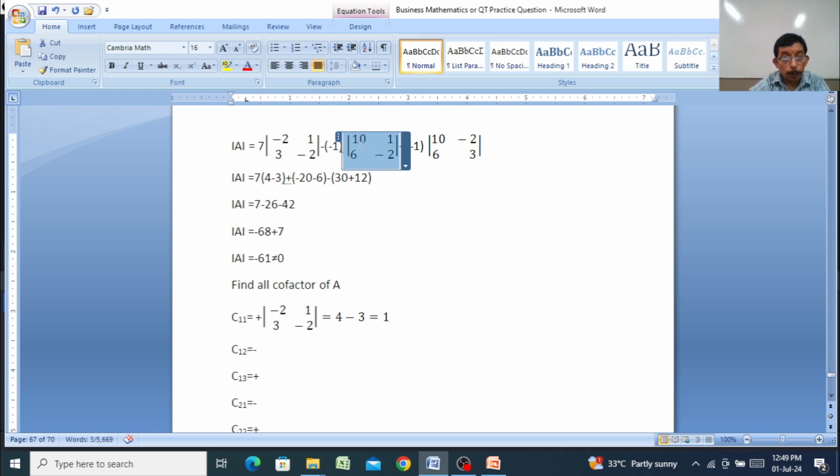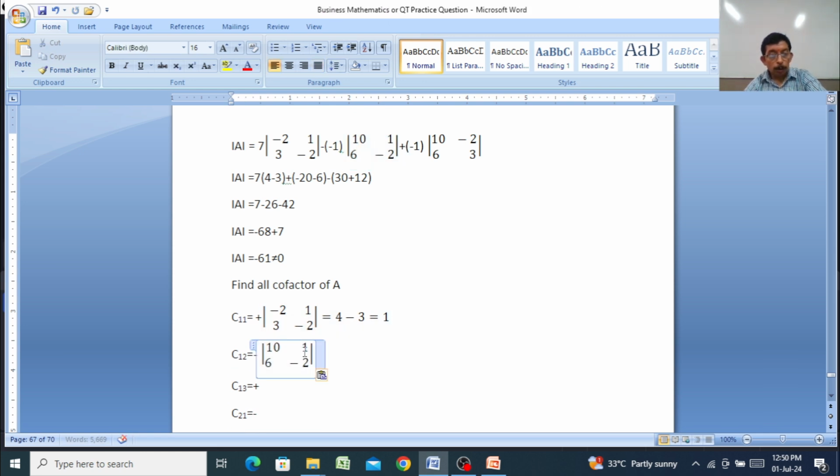In the second cofactor C12, the first row second column element is canceled out, then the remaining elements form the determinant of second order. Solve the value of the determinant by the difference of the cross multiplication of the elements.